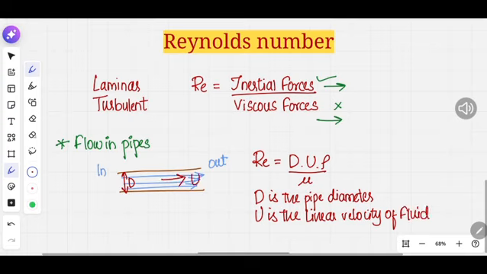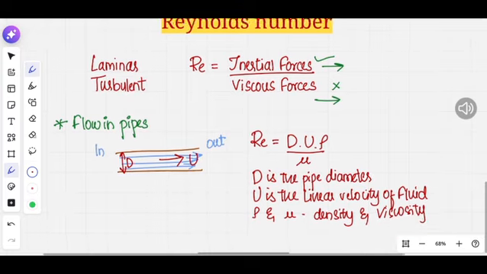Rho and mu are the density and viscosity of the fluid. This formula works well for transport, but in biotechnology we have a different problem.